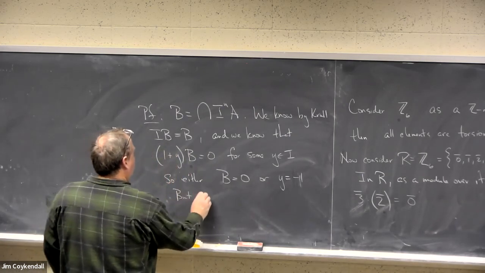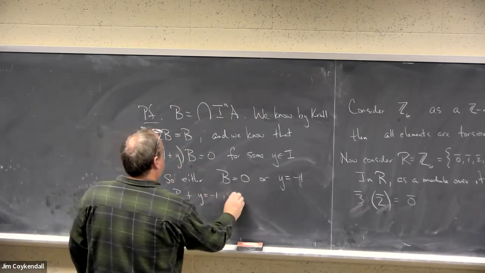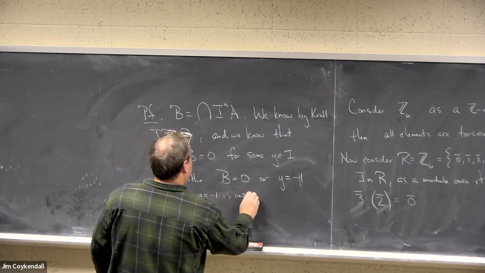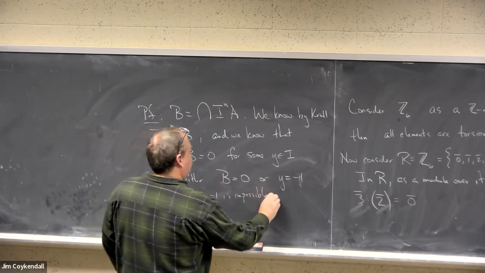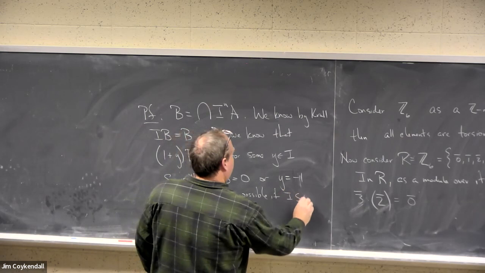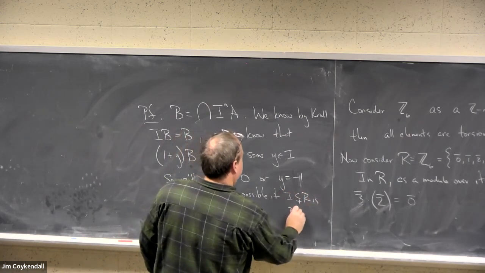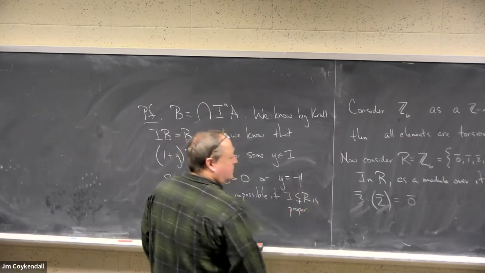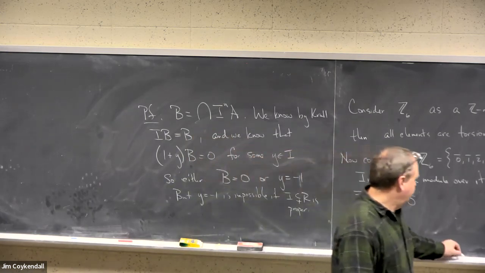But y equals -1 is impossible if I is proper, because a proper ideal can't contain a unit.